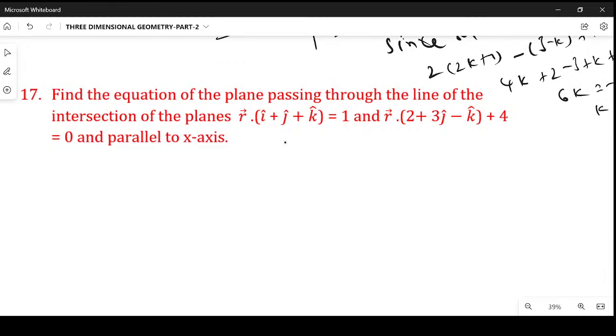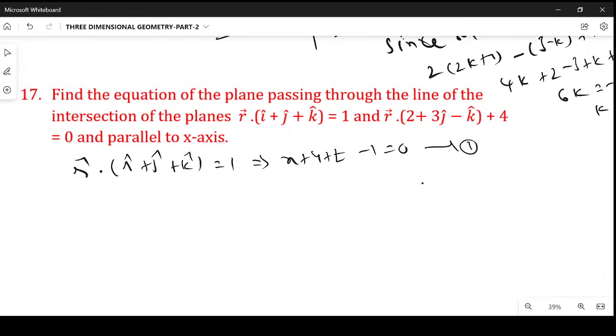Generally it is preferable to write the Cartesian equation of the first plane. Given r bar dot (i cap plus j cap plus k cap) equal to 1, replace r bar with x i cap, y j cap, z k cap, and it will come x plus y plus z minus 1 equal to 0. This is plane 1.